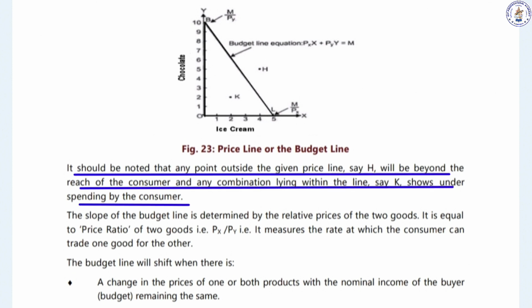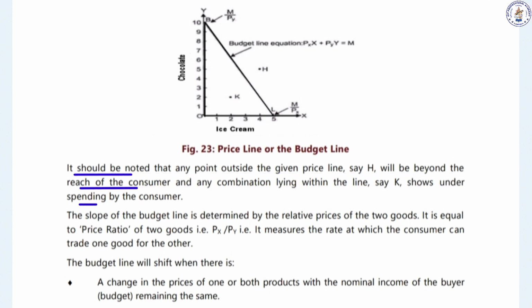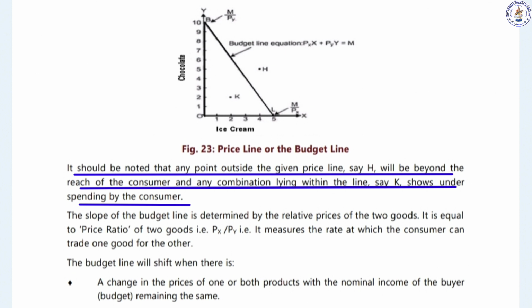Now, any point above the line, say the one marked as H over there, is beyond the reach of the consumer, because his budget line has been marked between 10 units on the y-axis and 5 units on the x-axis. So any point above the line is beyond his budget. He cannot go for those units. But at the same time, K lies within the line, that is, any combination which he will be ready to buy to get the utmost satisfaction.